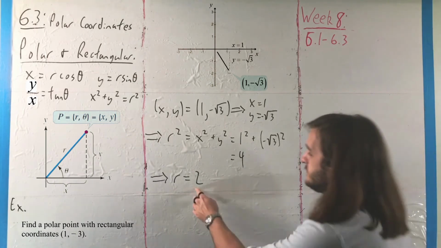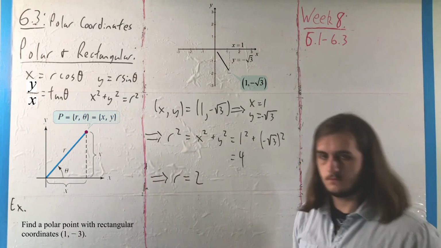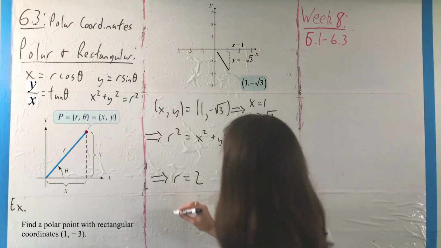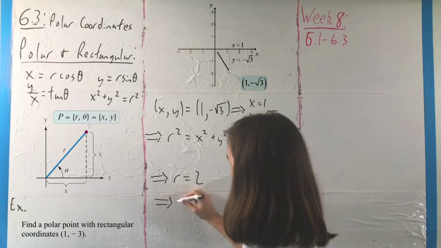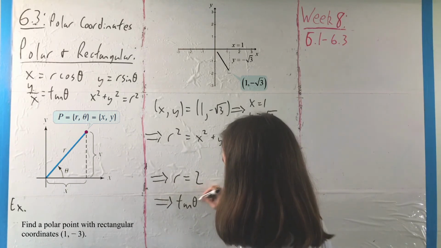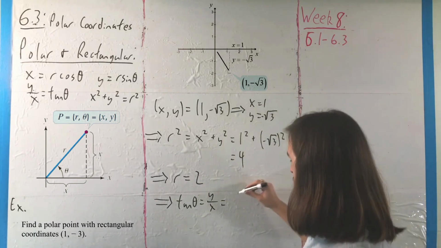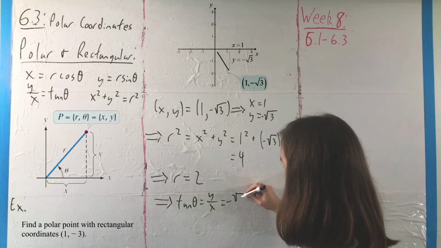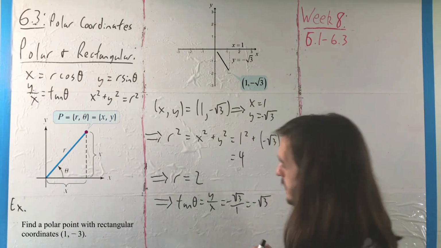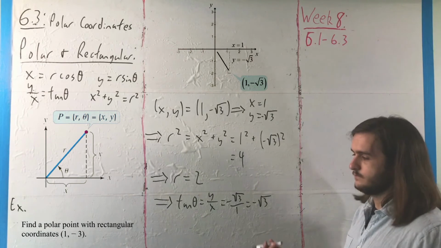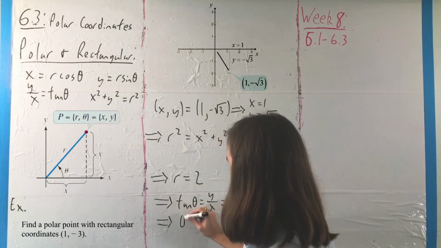Anyway, we've got r. Now we need theta. Well, to get theta, we'll use tangent. That is, if we want to get theta, we have tangent of theta is equal to y over x, which here is negative root 3 over 1, or negative root 3. So if we want to find theta, we need to know where tangent is negative root 3.